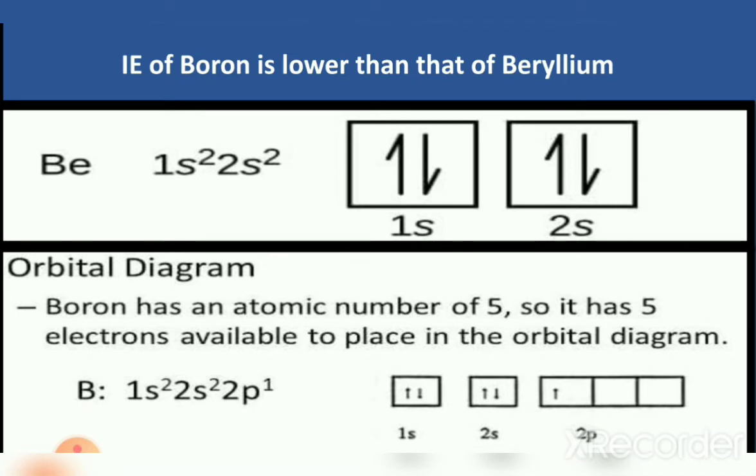So in the case of beryllium, an s electron has to be removed, whereas in the case of boron, a p electron has to be removed. An s electron is attracted to the nucleus more than a p electron. Therefore, it will be easier to remove the 2p electron from boron compared to a 2s electron from beryllium. So this is the reason why boron has lower ionization enthalpy compared to beryllium.